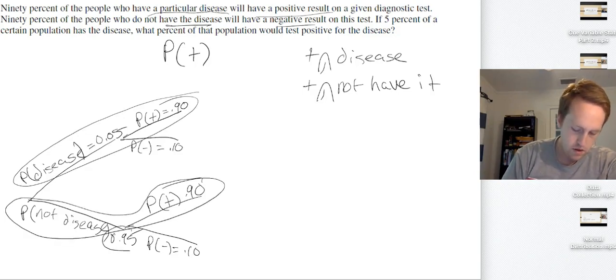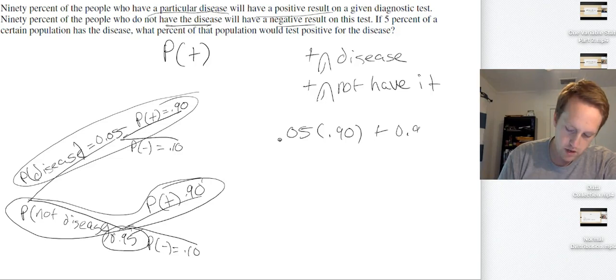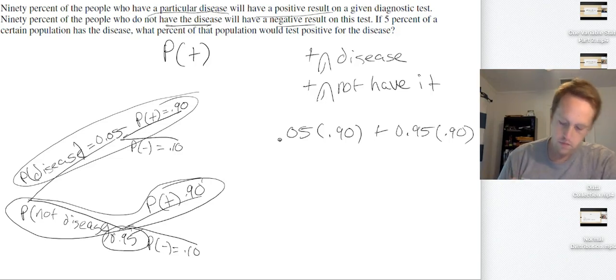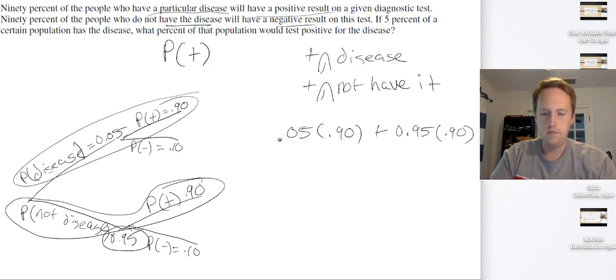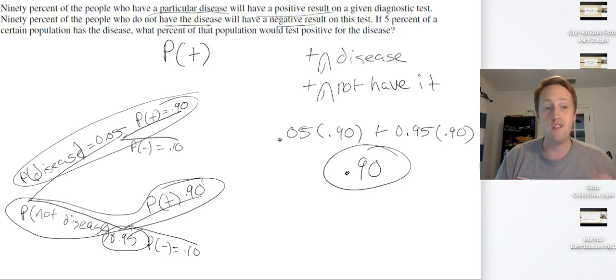So I'm going to do 0.05 times 0.90 plus 0.95 times 0.10. And if I add those up, I should just get 0.14. Don't just trust it.